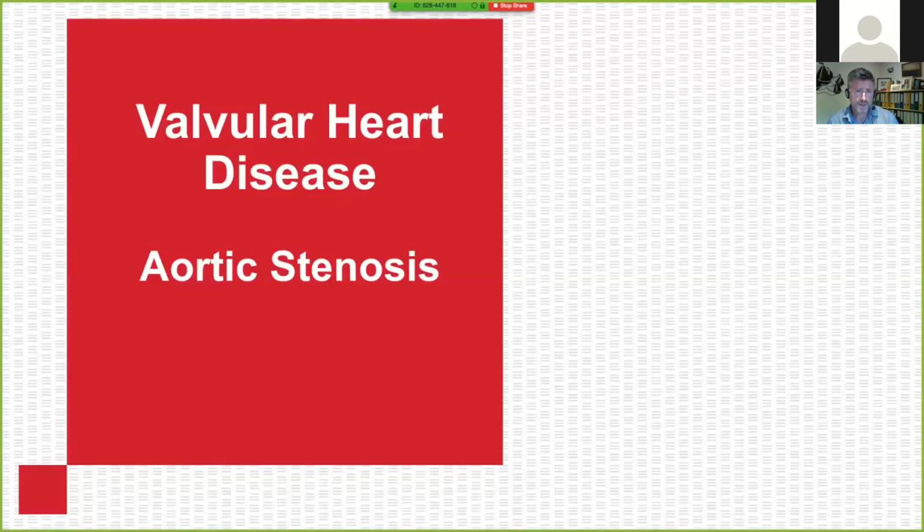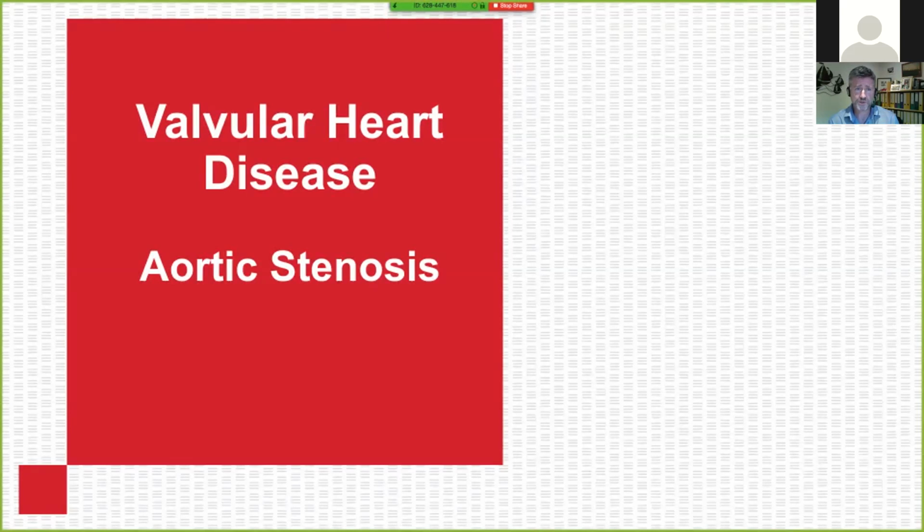So coming on to the final stage of the talk, which is aortic stenosis, and I'll spend a little bit more time on this because obviously things have changed in terms of intervention. So I think it's worthwhile spending a little bit of time looking at that. And also being mindful of the fact that we're going to be seeing a lot more patients with aortic stenosis in the coming years, driven primarily by the changing demographics and an increasing elderly population.